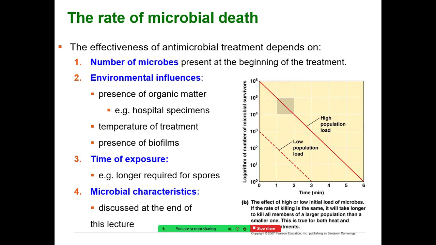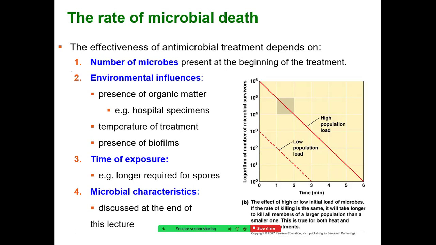All right, when we're discussing the microbial death rate, the effectiveness of the treatment depends on, one, the number of microbes present. The more microbes are present, the longer the treatment must be to get an effective kill rate, or effective treatment. Environmental influences can affect the microbial death rate. The presence of organic matter may inhibit the antimicrobial agent.